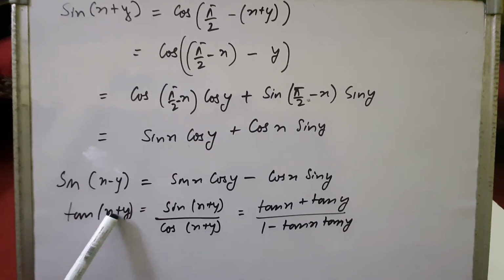So when plus is there, you will get plus in the numerator, minus in the denominator. When minus is there, you will get minus in the numerator and plus in the denominator. Right, children? Note down please. That means tan(x-y) is tan x minus tan y upon 1 plus tan x tan y. Note down please.